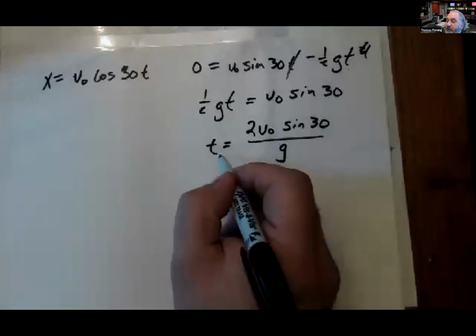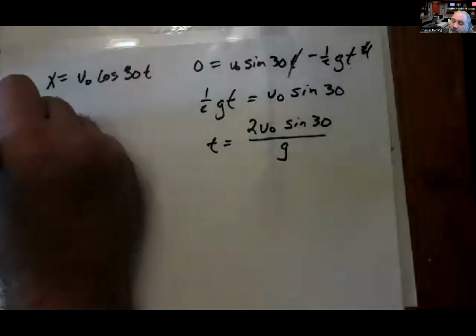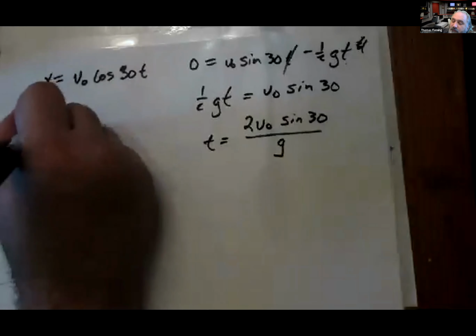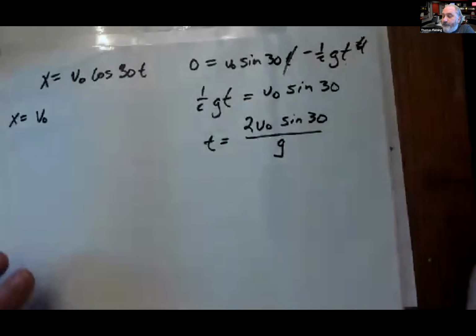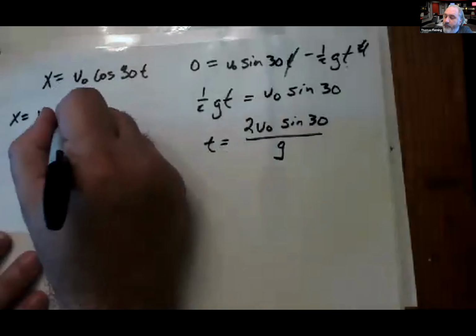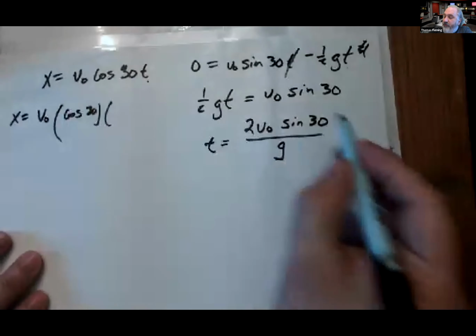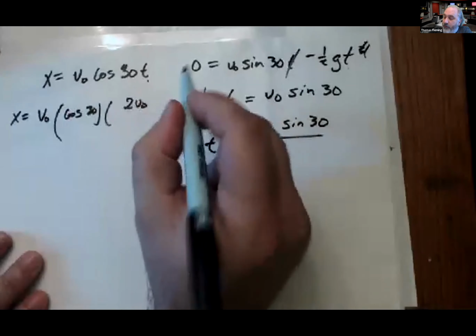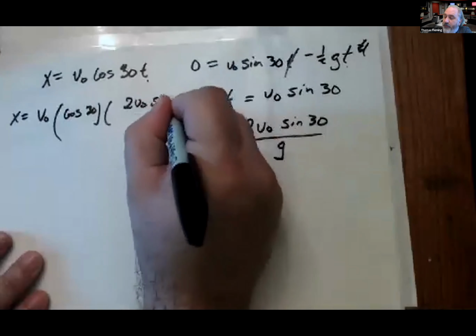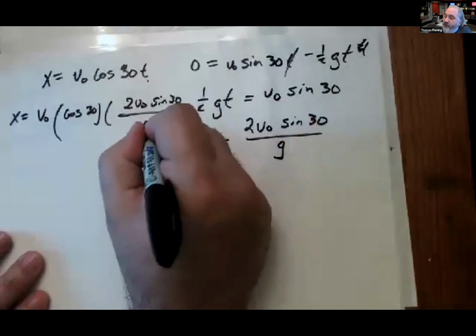But now I can take that expression for t and plug that back in over here. So I have x equals v initial times cosine of 30 times t, which is 2v initial sine 30 all over g.